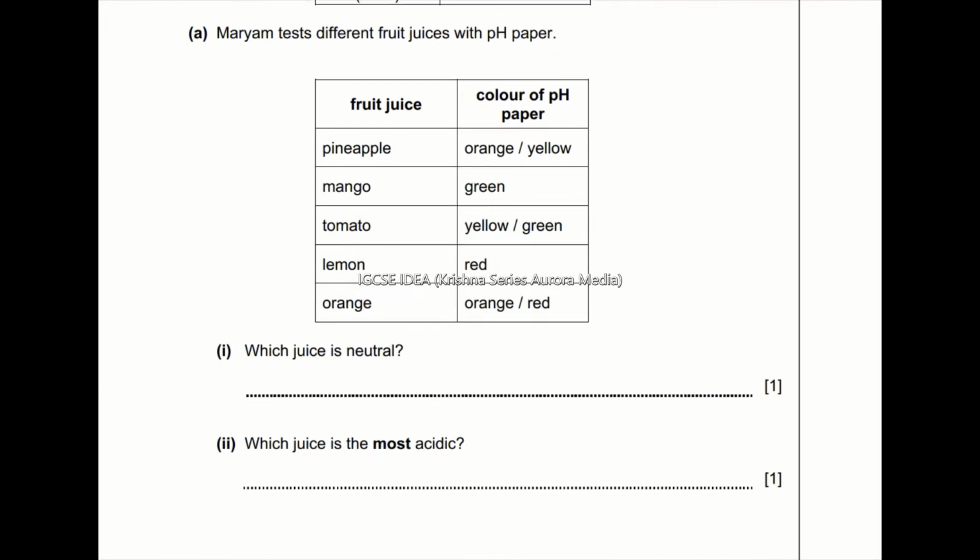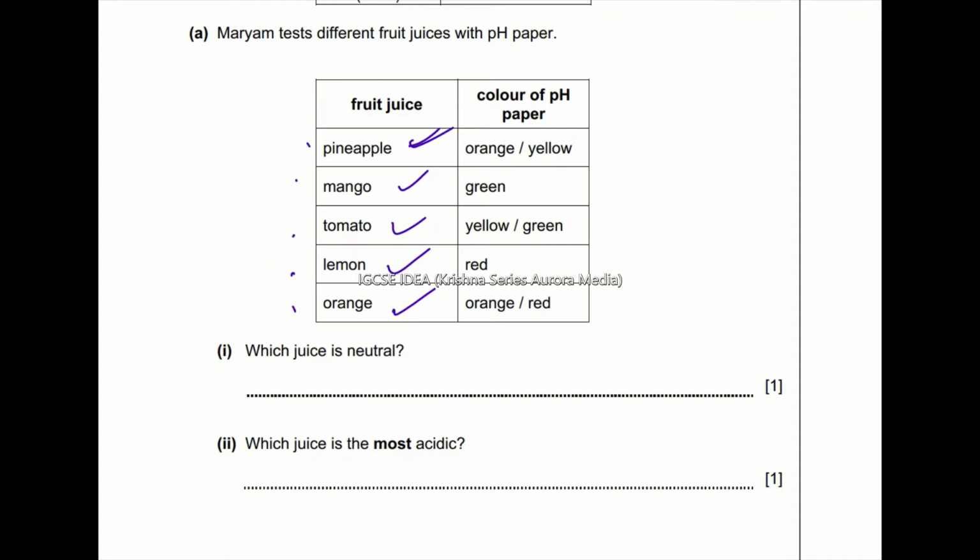Okay, A. Mariam tests different fruit juices with pH paper. Okay, these are the 5 fruit juices he's tested: pineapple, mango, tomato, lemon, and orange.